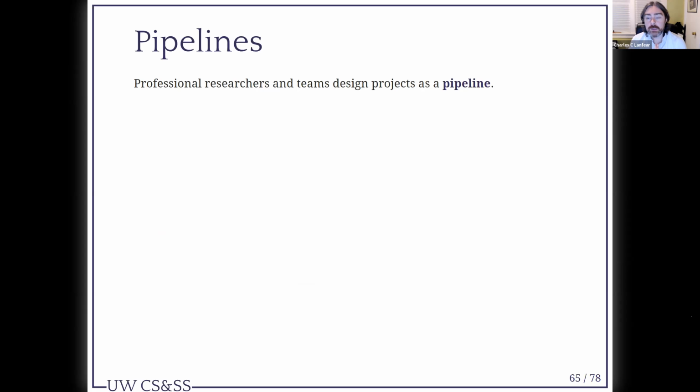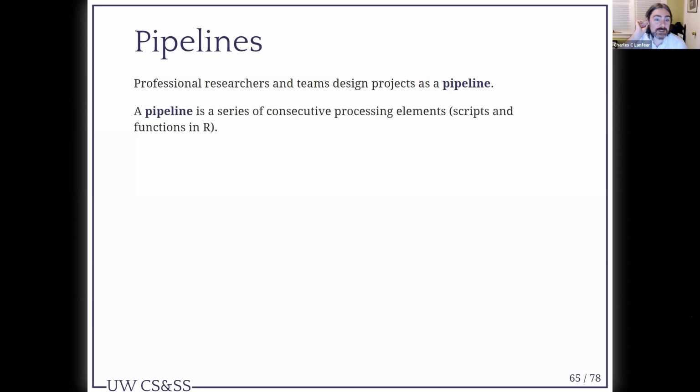Okay, so pipelines. Professional researchers and research teams tend to design their projects as what is called a pipeline. A pipeline is just a series of consecutive processing elements. These are things like scripts and functions in R, but you can do them in any language you want, okay? A bunch of sequential things.